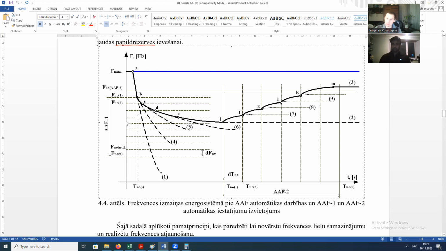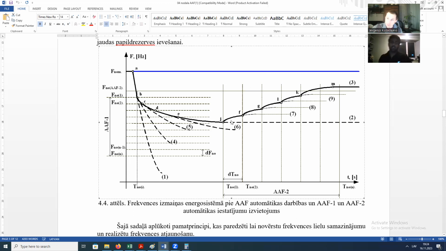And as I showed you previously, and we discussed it, we have a time limit for our generators, how long we could be with a low frequency. So we are in a balance, but we have a very strict time limit to be here. We need to go back here.